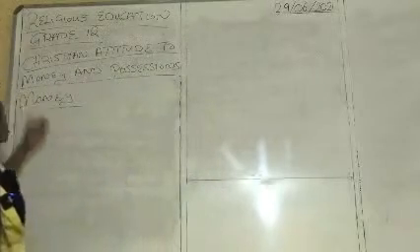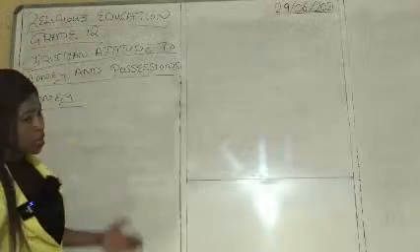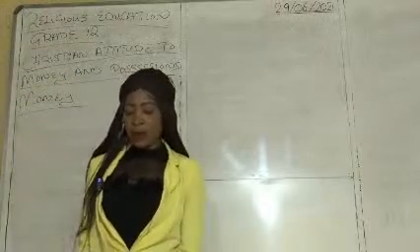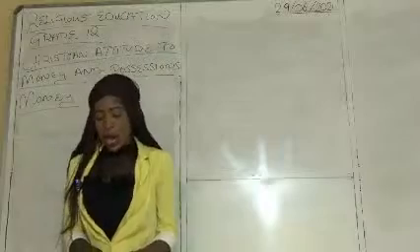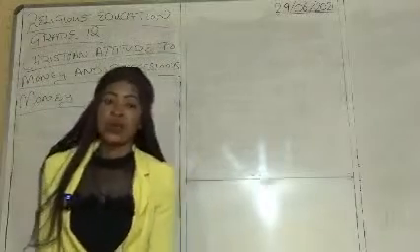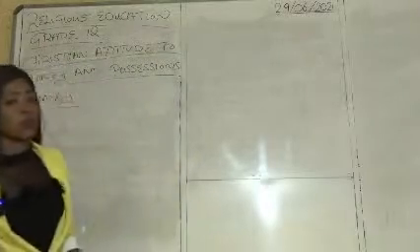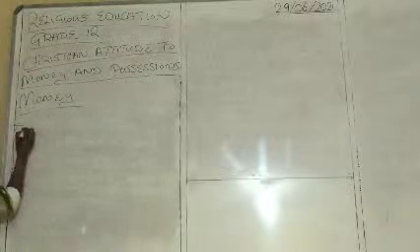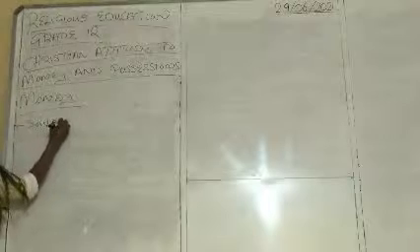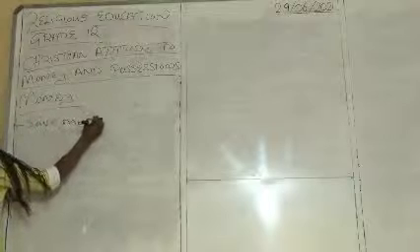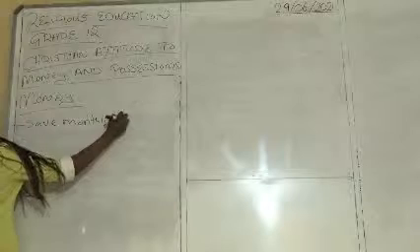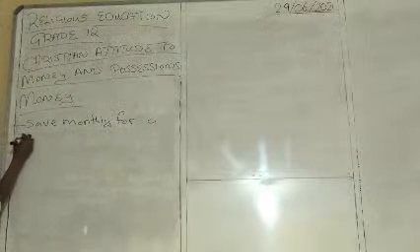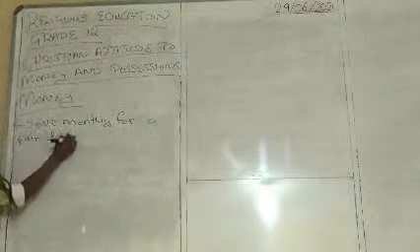Remember, we are looking at Christian attitudes to money and position. I was just explaining some of the attitudes that Christians have towards money. So let me just write something for you on the board on what I've just explained. The first attitude I've said, save monthly for a rainy day.